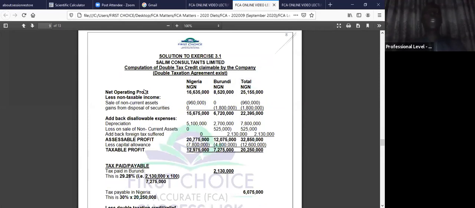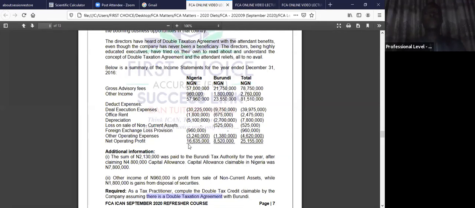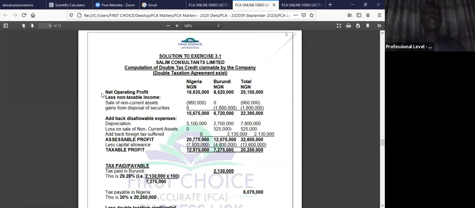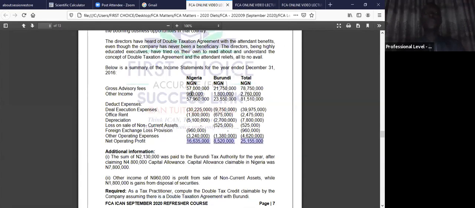Now, we'll start with the net profit that was given to us. The net profit is this figure here that was given to us. So let's start the adjusting, which is this total figure here. Now, what do we need to do? We were told in workings 2 that these profits need to be adjusted. We said they are not supposed to be included, and so they have been included here. So we are going to remove them.